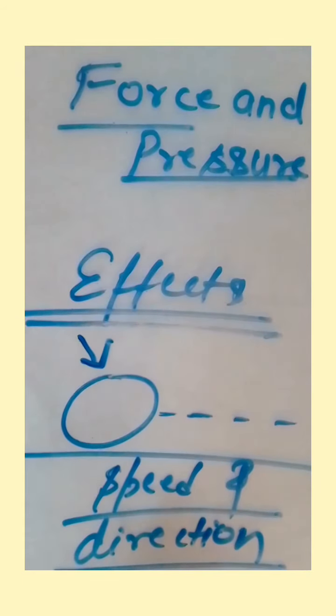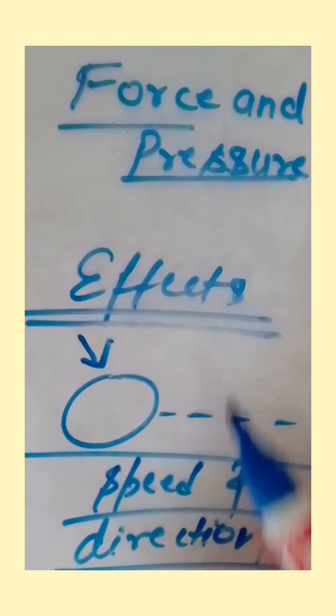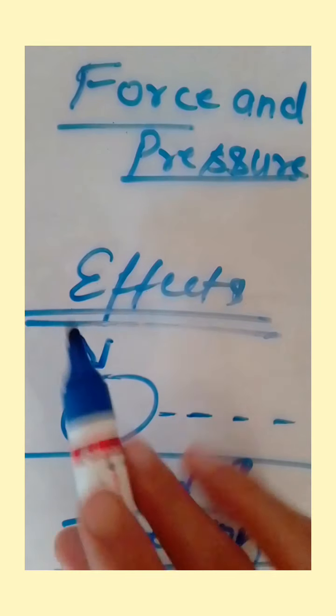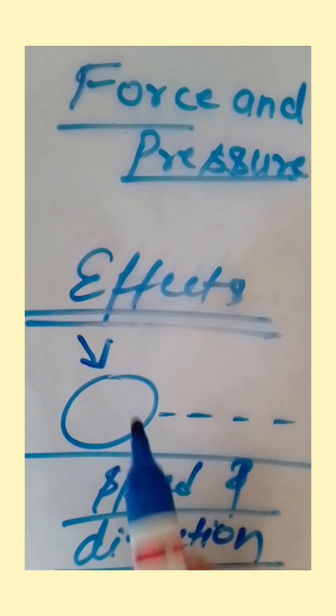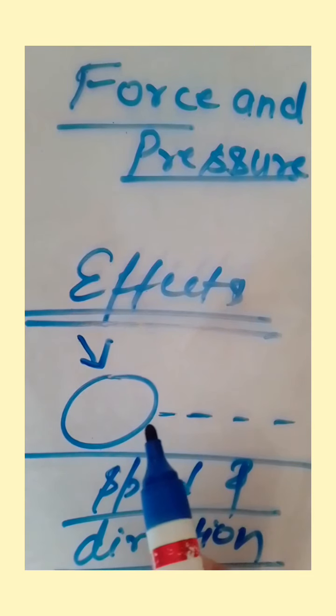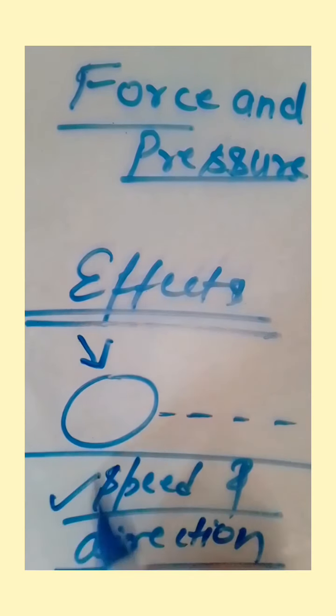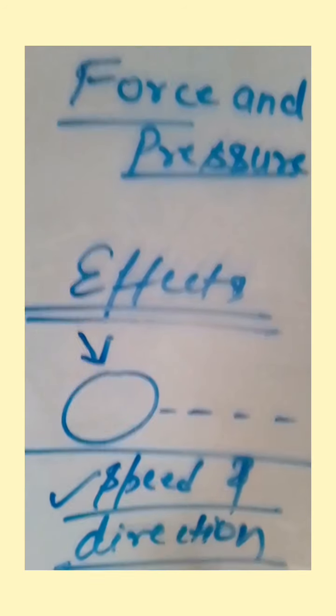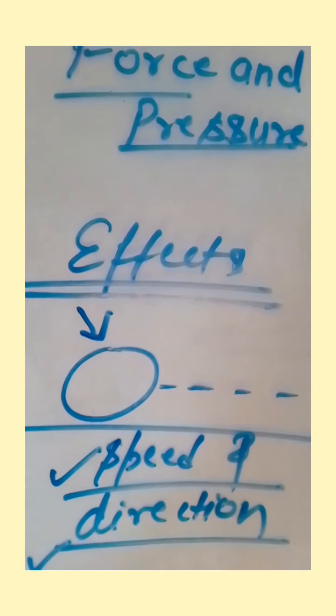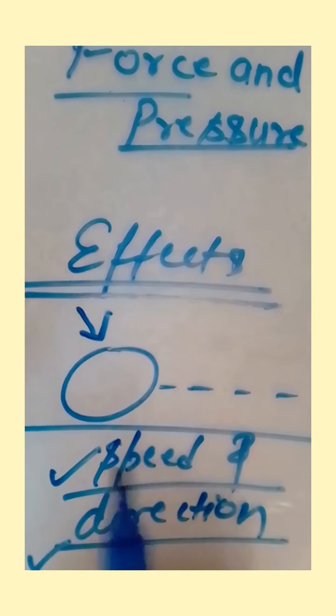So we can conclude that force, when applied at an angle to the direction of motion, then there will be change both in speed as well as in the direction of motion of that particular object. So this is the effect of force. First, we have discussed here change in the state of motion. Clear?